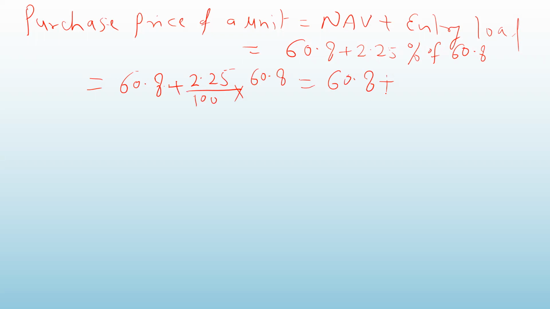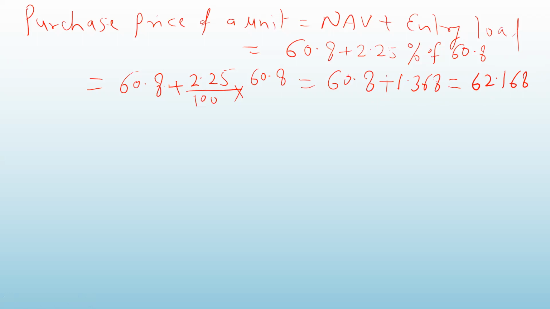Use your calculator. Okay. I hope everybody is sitting here with calculator. So calculate this 2.25 multiplied by 60.8 divided by 100. That will give you 1.368. When you add it to 60.8, you will get 62.168. So this is the purchase price of one unit, correct?